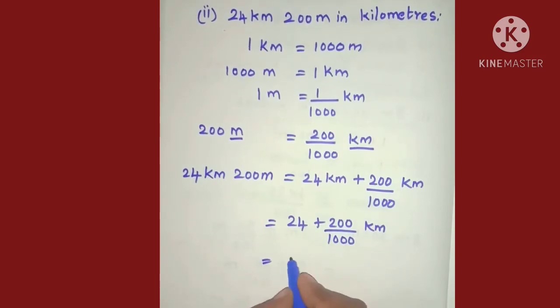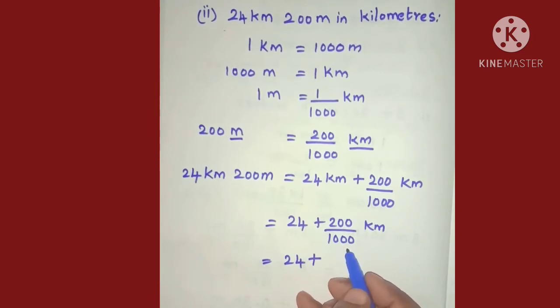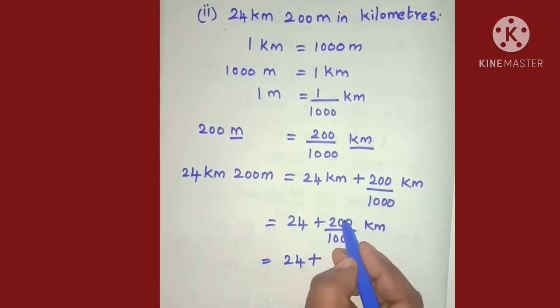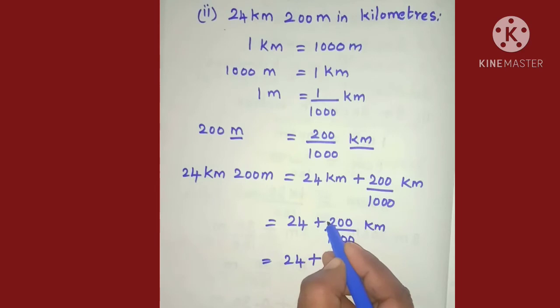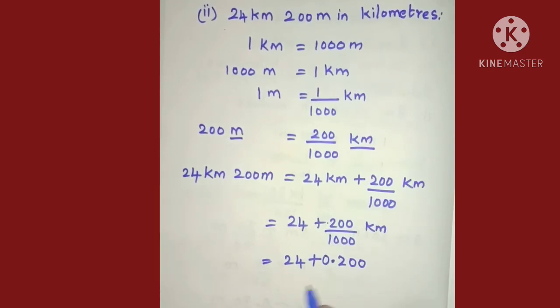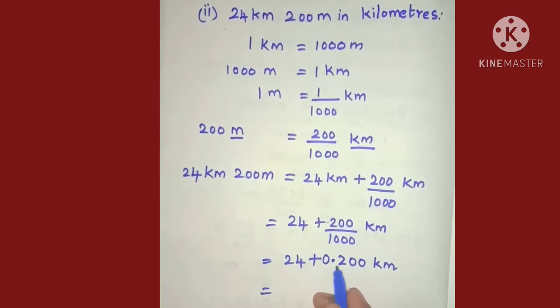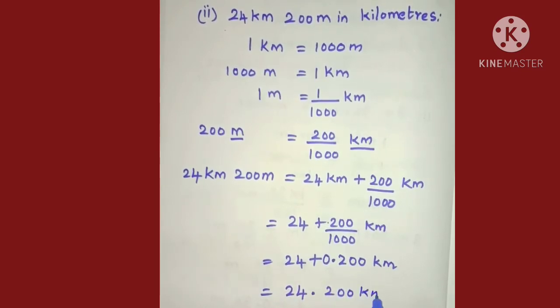Here there are 3 zeros in the denominator, so we have to put the decimal point before 3 digits. 1, 2, 3. So we put the point before 2: 0.200. Before the point there is no digit, so we take it as 0. Now adding 24 plus 0.200, we get 24.200 kilometer.